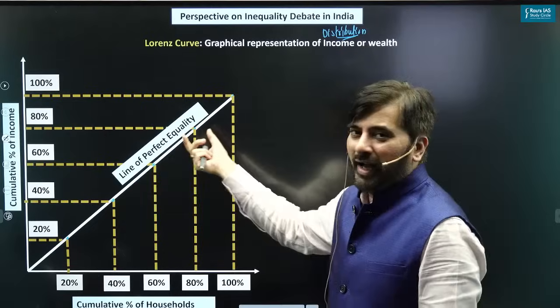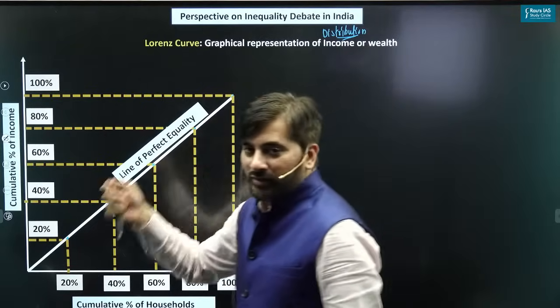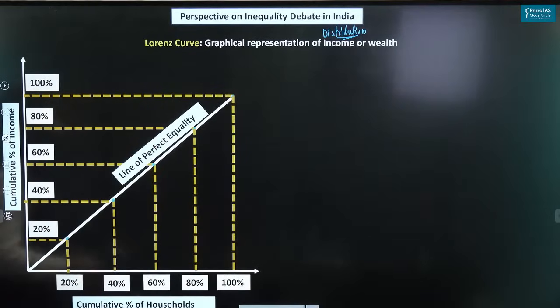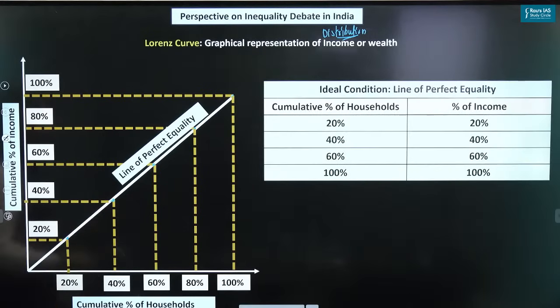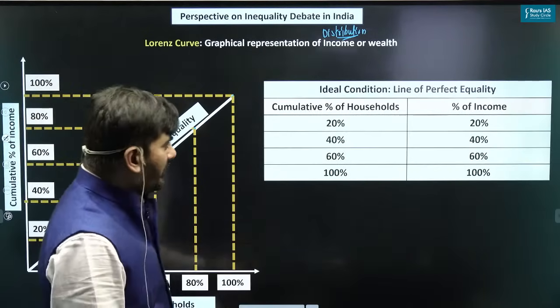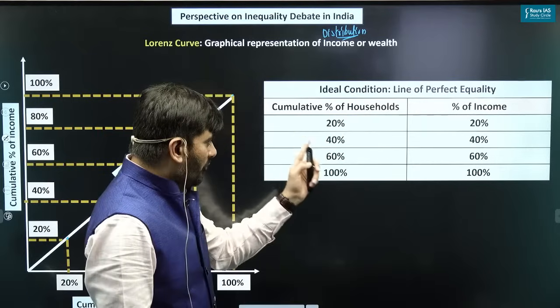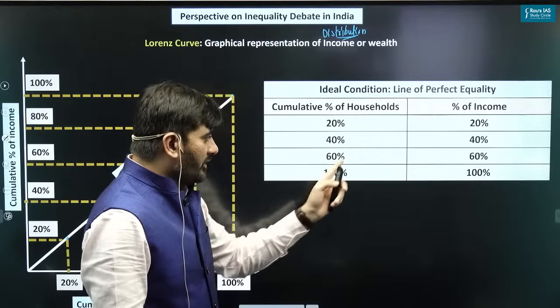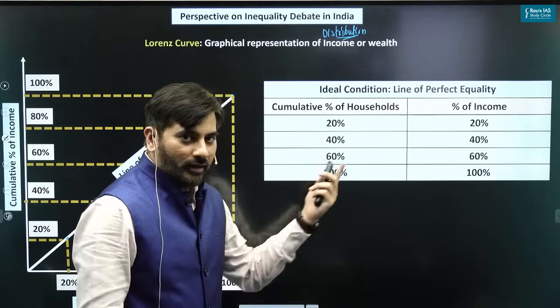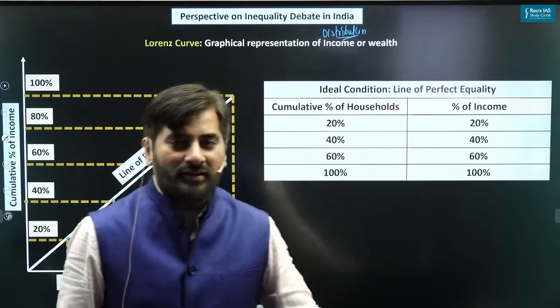That is a very idealistic scenario, right? So this is the line of perfect equality. And how does it look like? The table shows here: 20% of households have 20% of income, 40% households, 40% income, 60%, 60% of income, right?